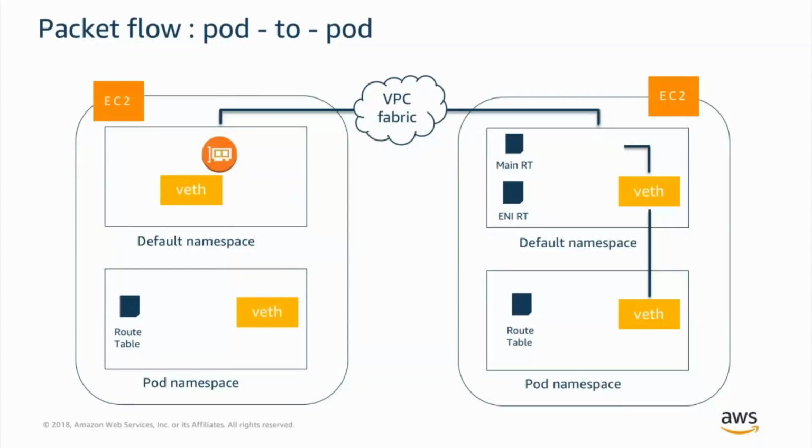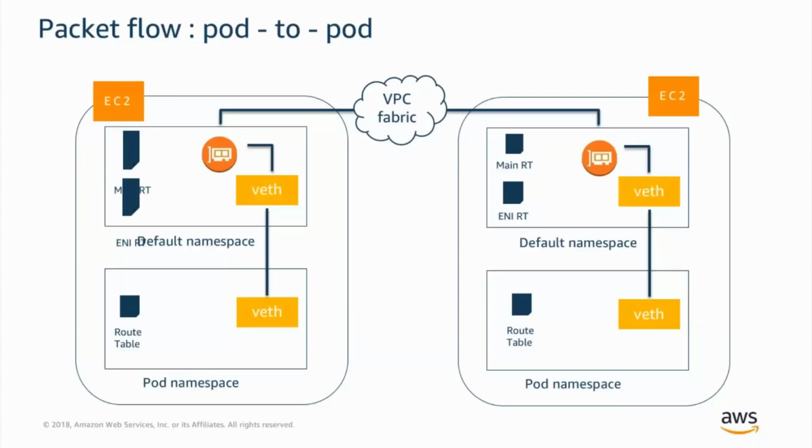It will attach a veth interface to the pod namespace and create a veth interface for the host namespace. Then it creates a route between the pods and the host namespace, and then it creates the routing table for both of those and attaches the veth interface to the ENI. Now both the pods can communicate with each other using that communication channel.